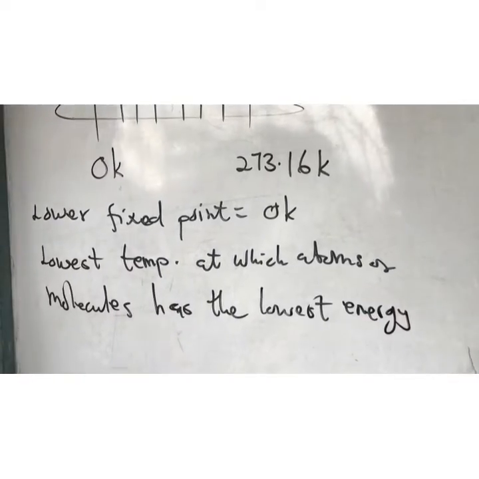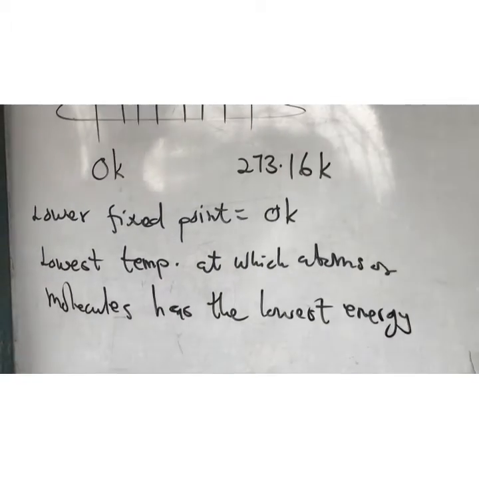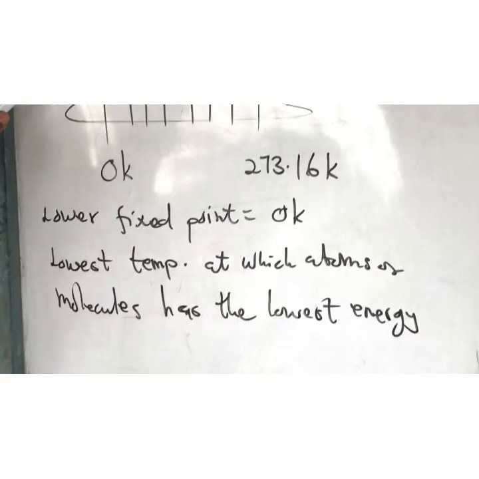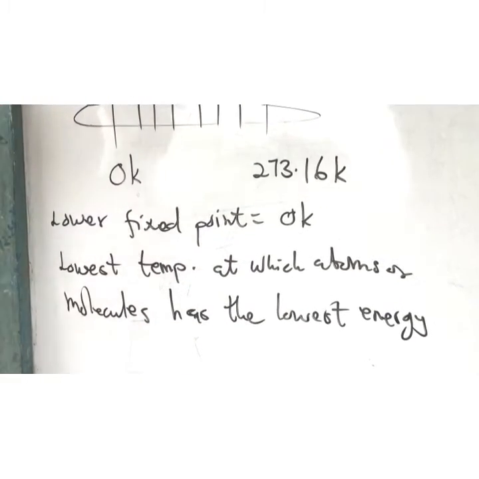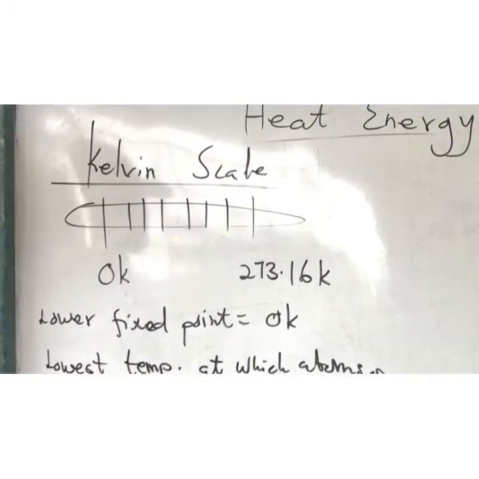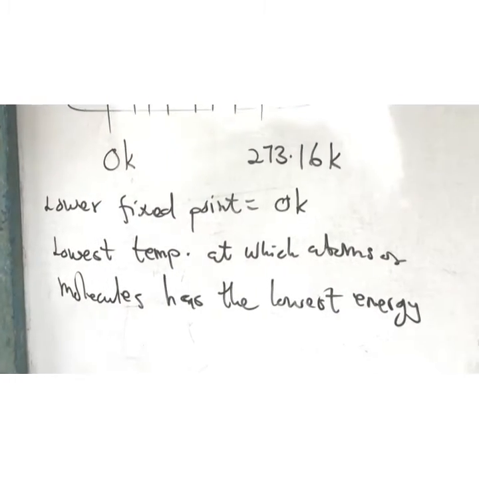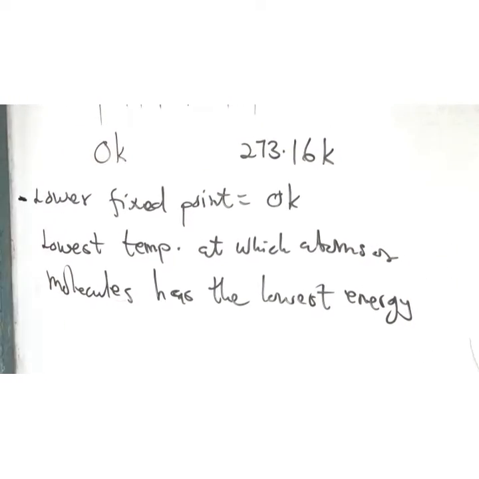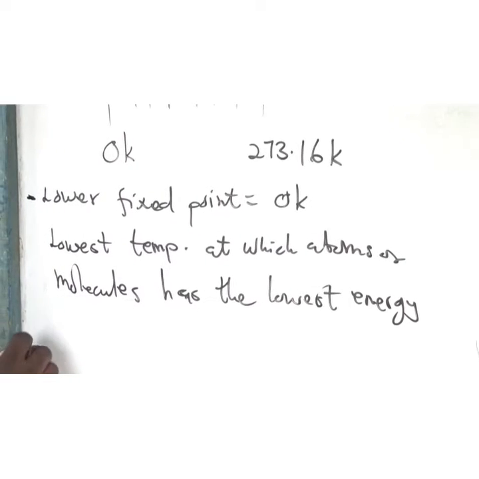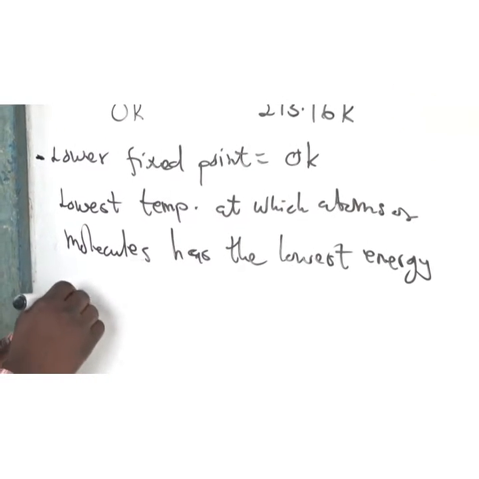So before I forget, the Kelvin scale is also termed the thermodynamic scale, or the absolute scale, or the ideal gas scale. Good. And then we have the upper fixed point.